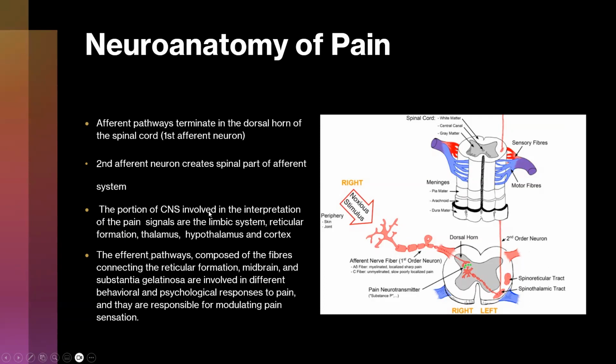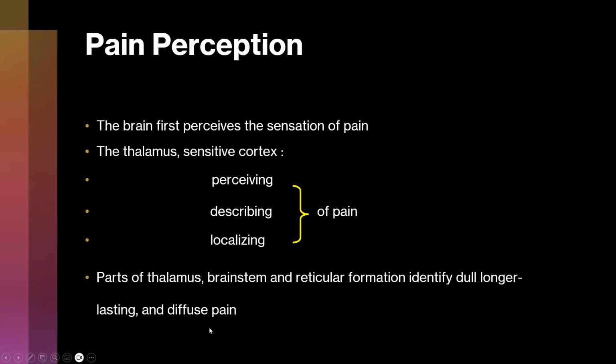The portions of the CNS involved in the interpretation of pain signals are the limbic system, reticular formation, thalamus, hypothalamus, and cortex. The efferent pathway is composed of the fibers connecting the reticular formation, midbrain, and substantia gelatinosa, which are involved in different behavioral and psychological responses to pain, and they are responsible for modulating pain sensation. Pain perception.